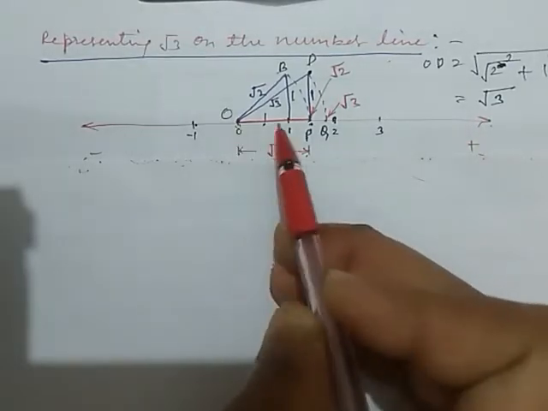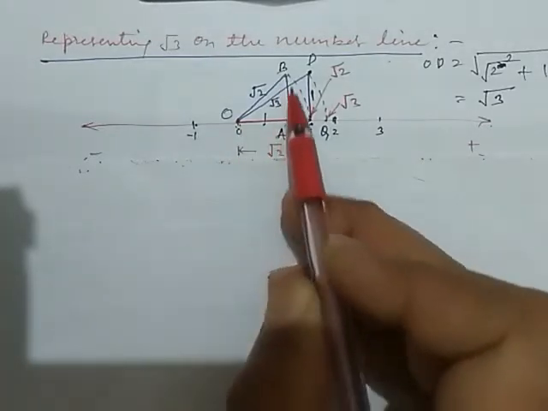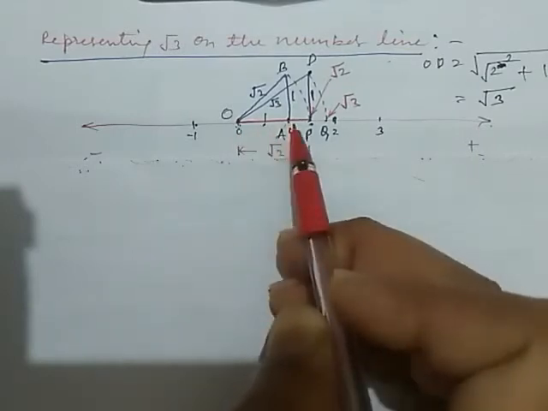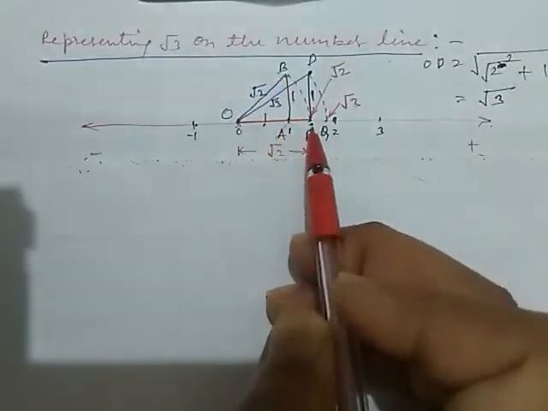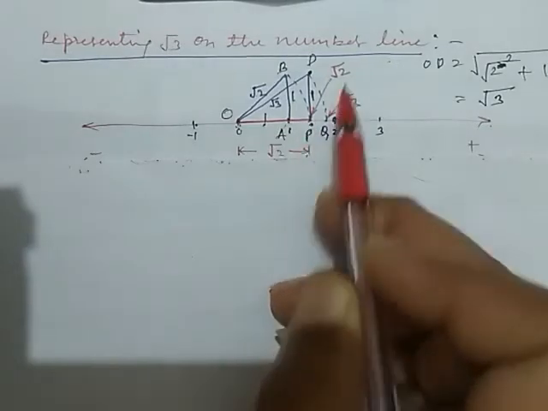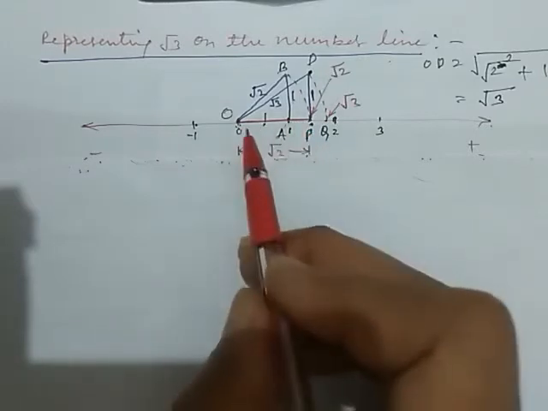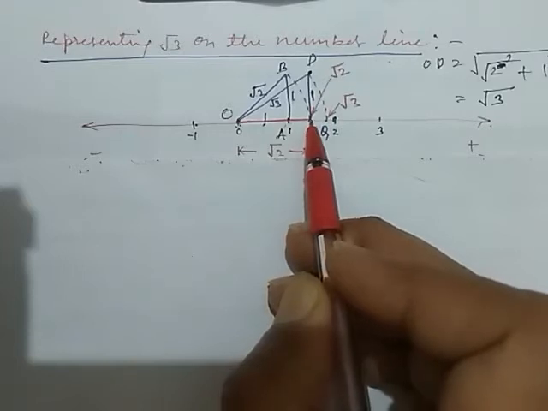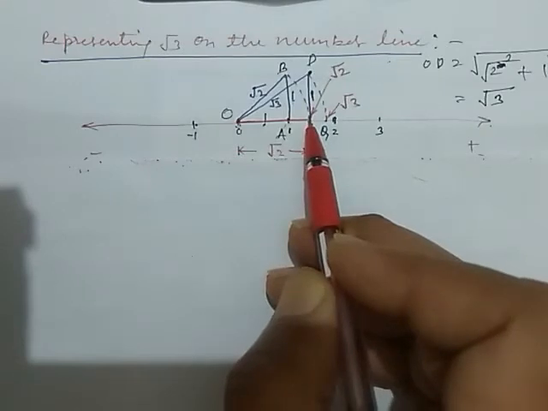We already know that OAB is a right triangle, and taking OA as 1 unit, AB as 1 unit, and OB is root 2, we previously drew P. We represented the point P, root 2, already. Now we want to represent root 3. So what do we have to do? Where the point root 2 is located, we just reach there. This is our point root 2, which is already plotted.